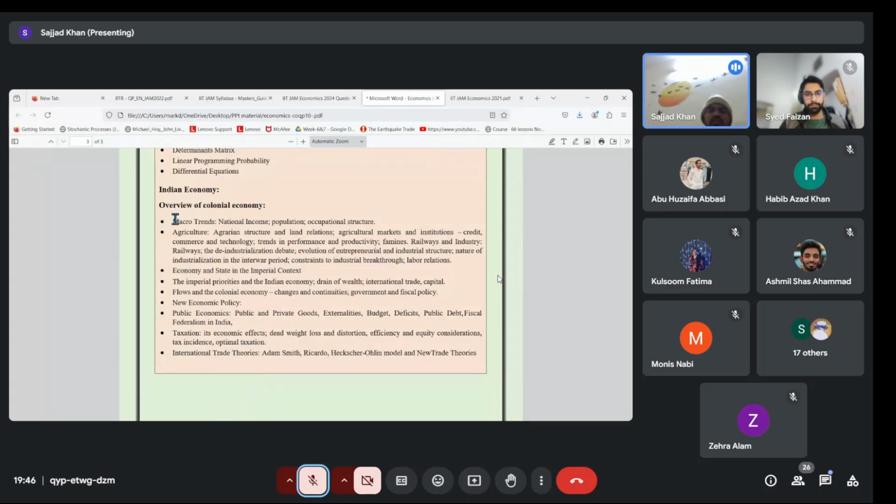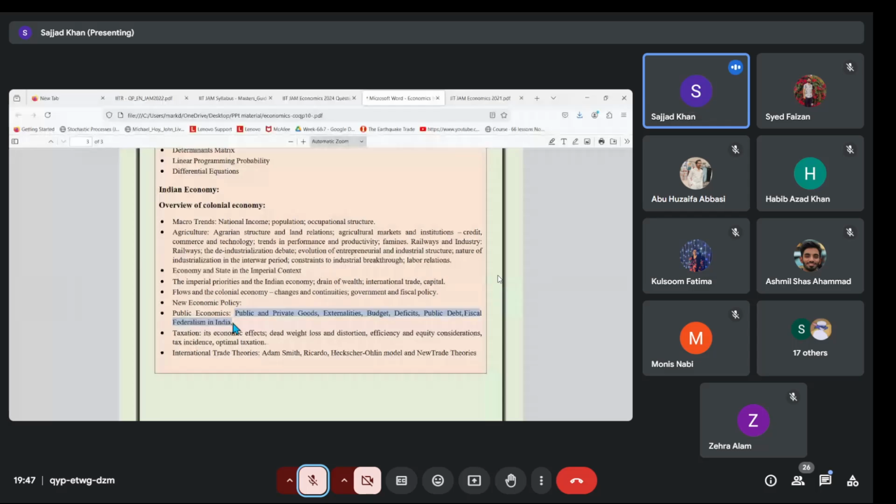This book is very comprehensive, but read it very selectively, topic-wise, because in Indian economy, questions are asked very theoretically, but sometimes they are history-type questions. For public economics, I think Musgrave is a good book.